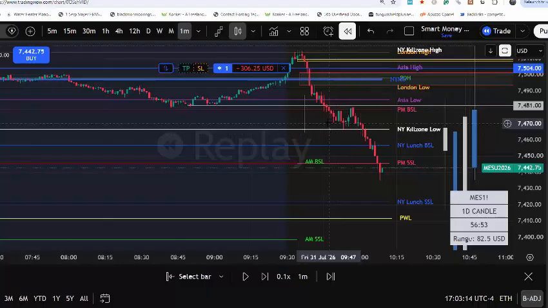So we basically got, this is probably about a 20-minute trade. And this is not perfect, but it's easily a couple hundred dollar trade right there.